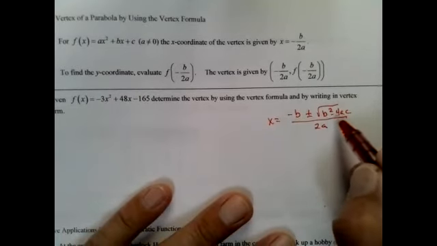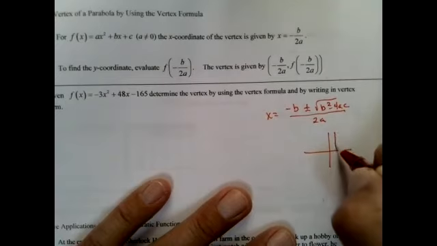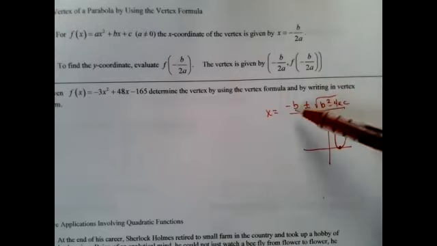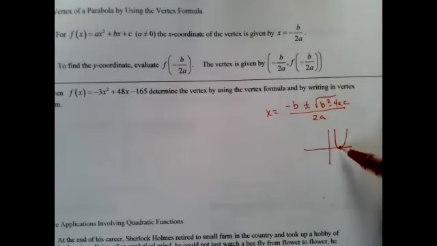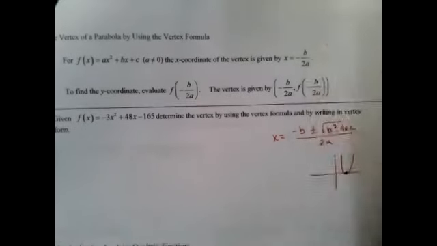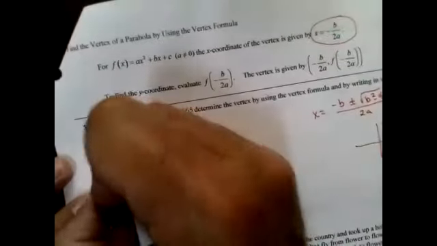When this guy was 0, I said it had one intercept, one that came down and touched. And guess what that point was? It was the vertex, because that became 0, and negative b over 2a, that point right there was the vertex. So negative b over 2a will always be the x value of the vertex.